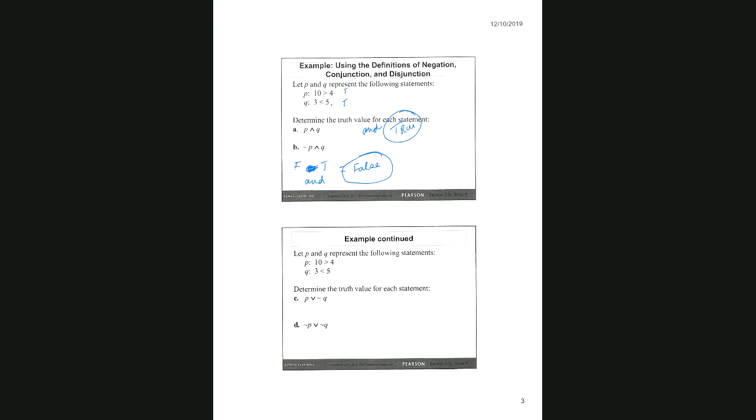All right, so we look down here at the bottom. And it's kind of hard to look at the values. It is easier with the words, just the letters. But it's okay. So now we got P, which is 10 is greater than that. So this is true. And then this is an or. So will this be true or, and then 3 is less than 5. They said they want that to be false.